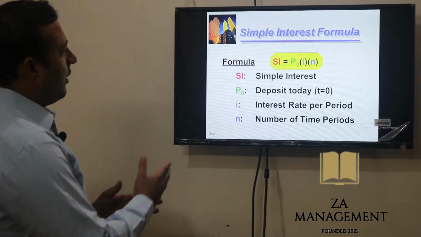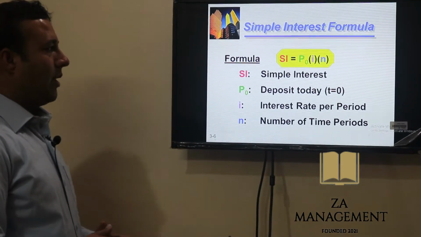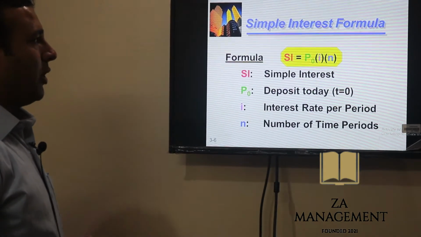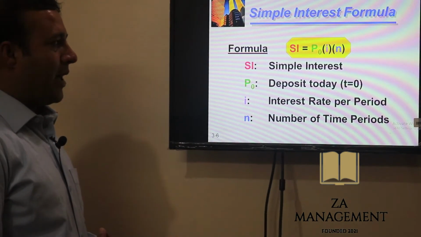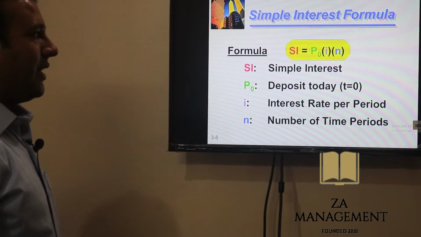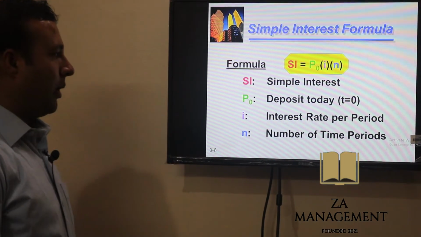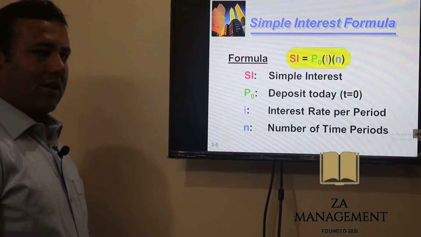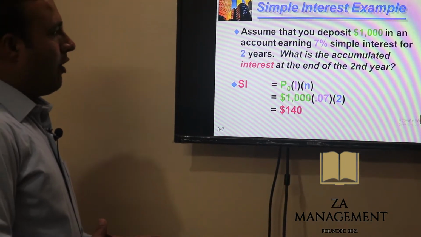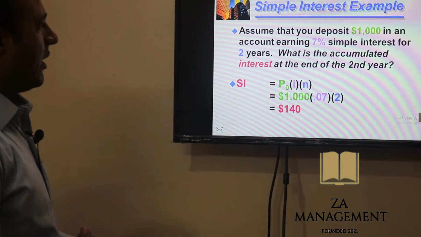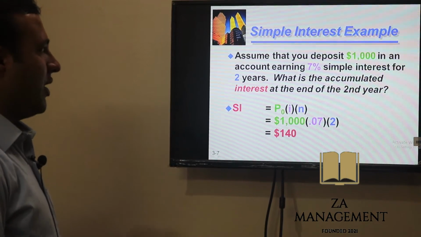How can we calculate simple interest? The formula is simple interest is equal to P naught I N, where P naught is the principal amount borrowed or lent, I is the interest rate, and N is the number of periods. So simple interest is equal to PIN. Assume that you have deposited $1,000 in an account earning 7% simple interest for 2 years.